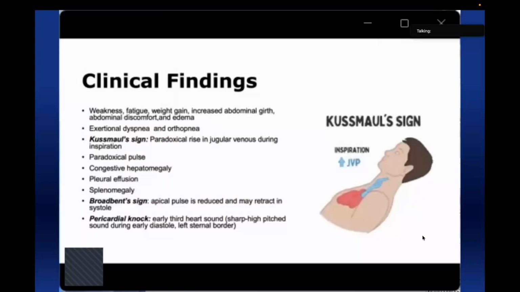Clinical findings, you have weakness, fatigue, or some non-specific symptoms that you can see with chronic pericarditis. There will be exertional dyspnea and orthopnea, Kussmaul sign, or your paradoxical rise in your jugular venous pressure during inspiration.